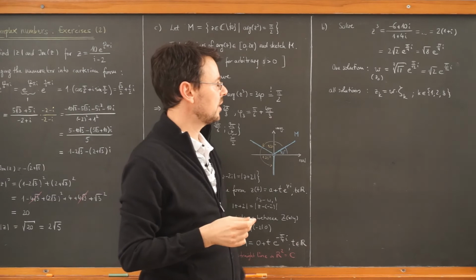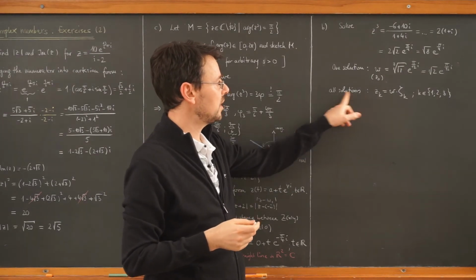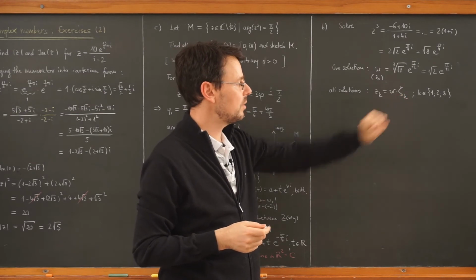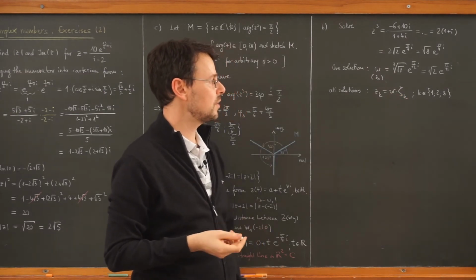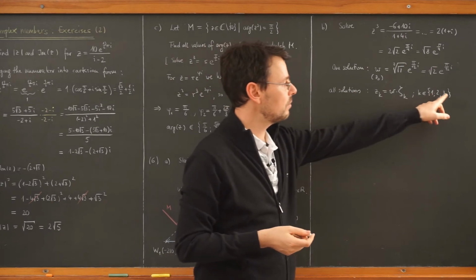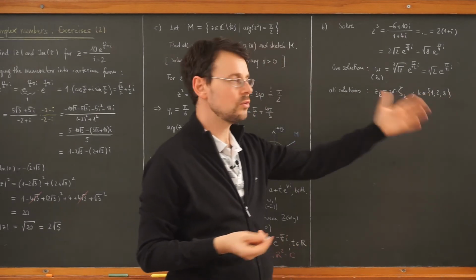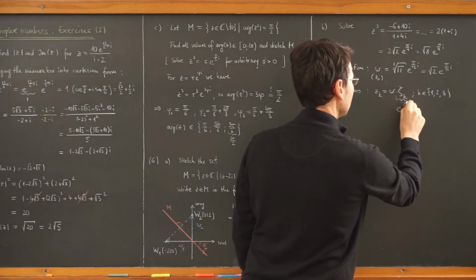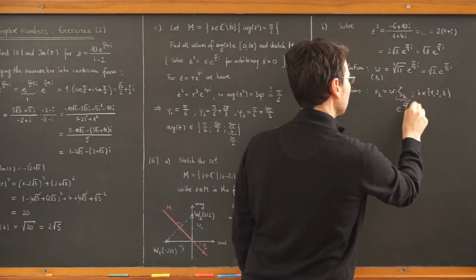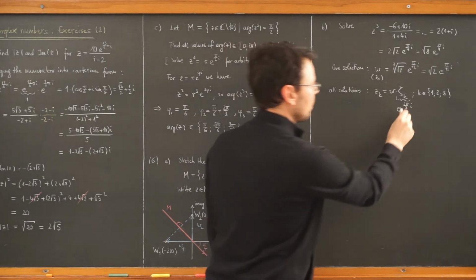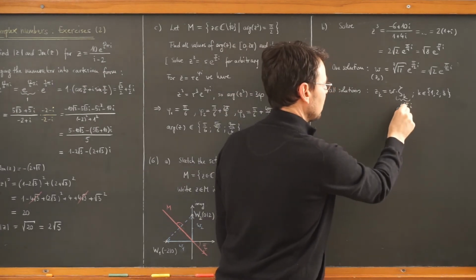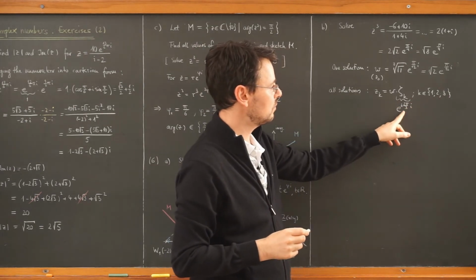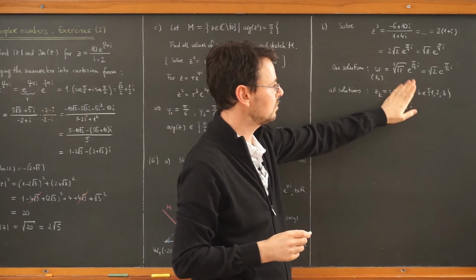And then the same trick as in exercise number 2. To obtain all the solutions, you simply multiply this one solution with all the third roots of unity, k running from 1 to 3 or from 0 to 2, doesn't matter. And these here are e to the 2 pi over 3 times i, and this here times k. So the third root of unity in this notation would be e to the 2 pi i, so simply 1.